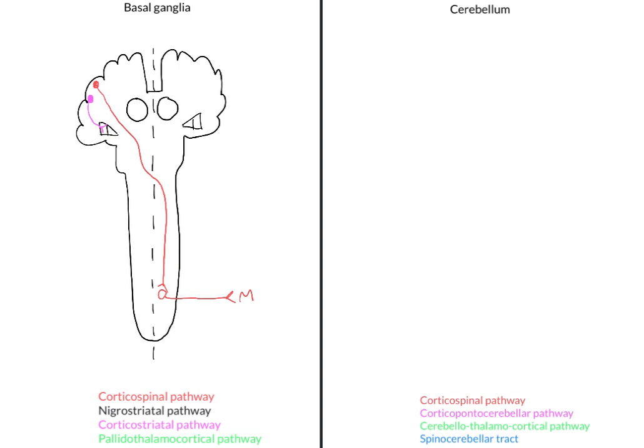So the corticostriatal pathway essentially represents the pathway whereby the motor cortex sends the motor plan down to the basal ganglia. The basal ganglia, as we discussed in a previous video, analyse the motor plan proposed by the motor cortex, and then they need to send the results of their analysis back up to the cortex itself, and that has to go via the thalamus. So what we have is a pathway going from the globus pallidus, and we're using green for this, the pallido-thalamocortical pathway, going from the globus pallidus via the thalamus and then back up to the motor cortex.